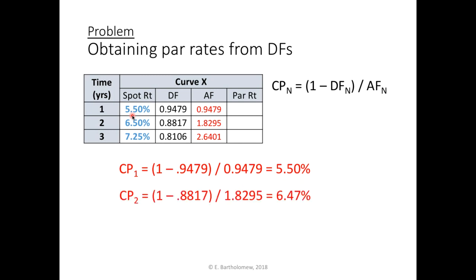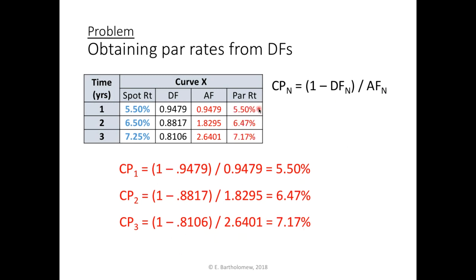Now, if we're looking at the second year, we're going to use a different discount factor, this one here, and then, of course, the annuity factor isn't the same as the discount factor, and we get 6.47. And then if we do it for the third year, we're just applying the same formula again, 1 minus 0.8106, and then divided by this, which is the annuity factor, we get the par rate.